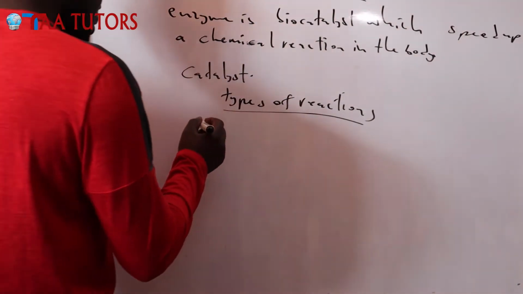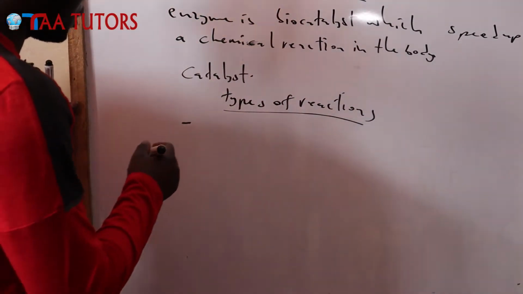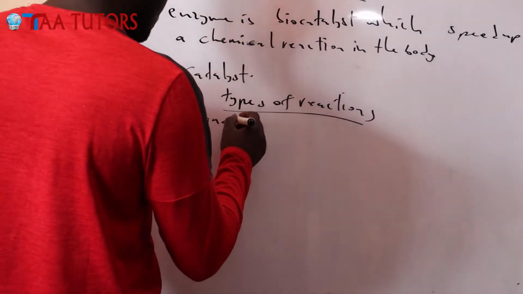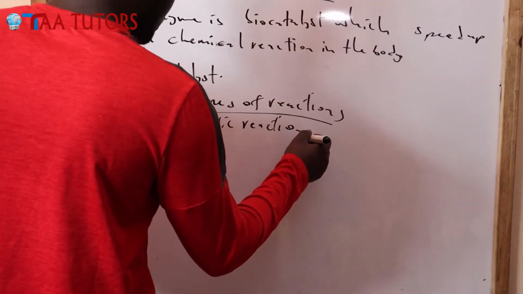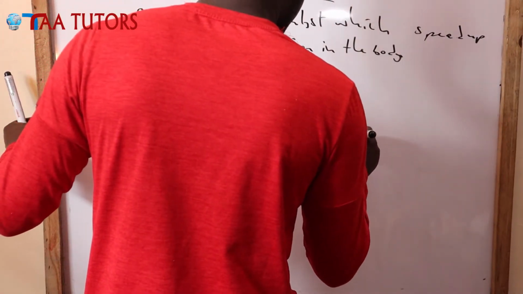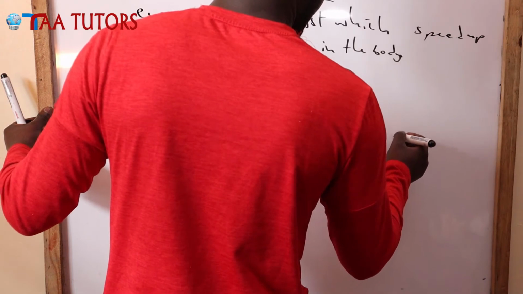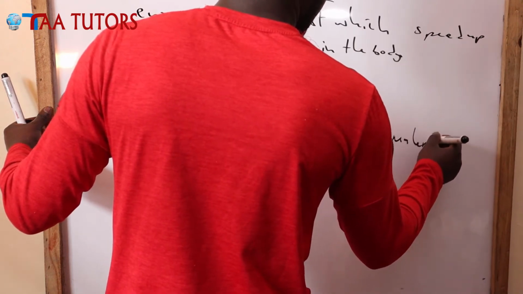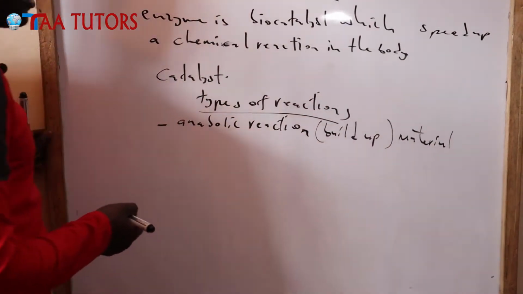So we can talk about reaction one, the type of reaction that helps in building up material. We call it anabolic reaction. So what is an anabolic reaction? This is a type of reaction that helps in building up. We can sometimes call it a build-up process, building up material. This one will need enzymes to form new materials.